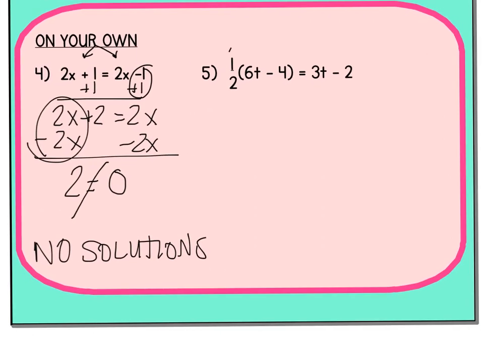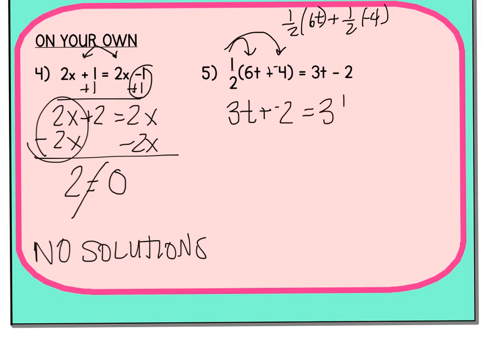Number 5, the 1/2 has to shake hands with the 6t. What's 1/2 of 6? Since we're multiplying, we can ask it that way. That would give me 3t minus 1/2 of 4, which is going to give us 2.